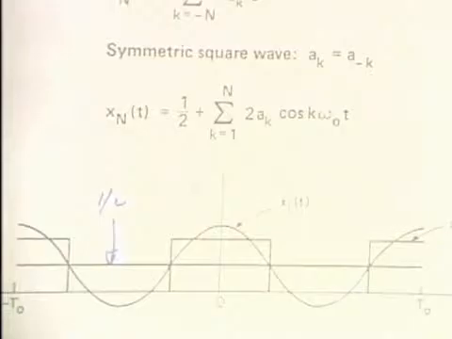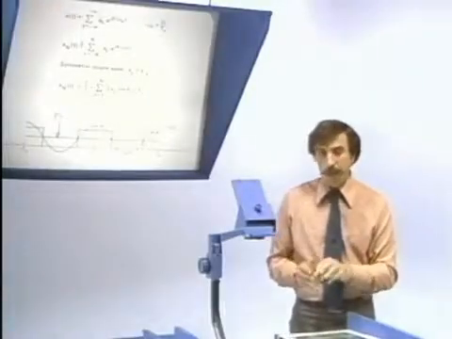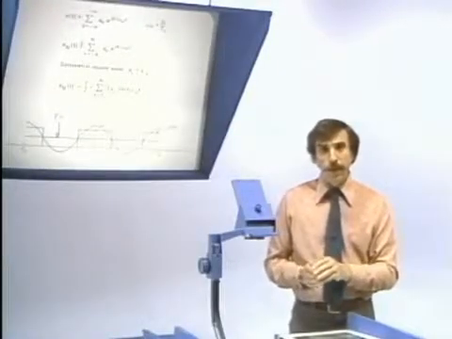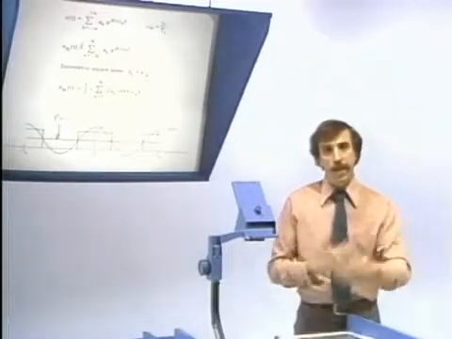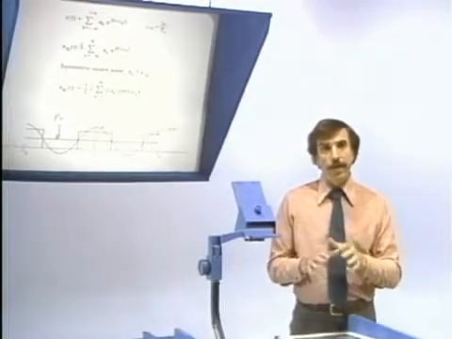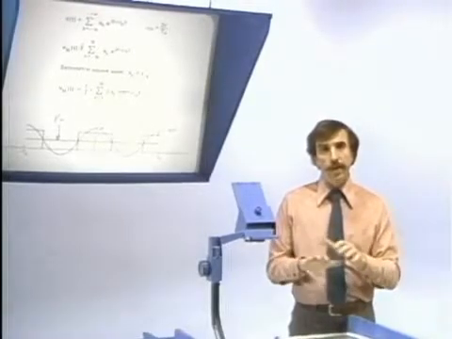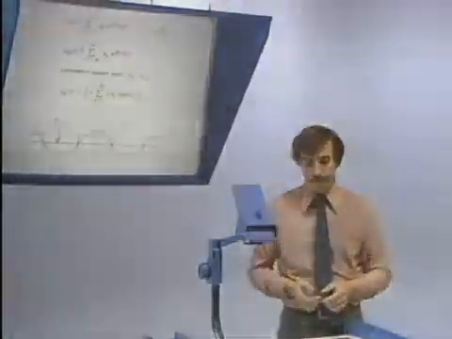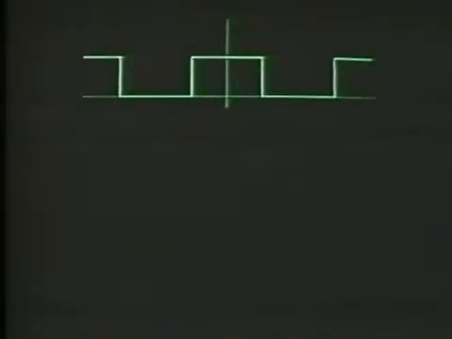So let's look at this example, and what I'd like to show is this example, but now as we add many more terms to it, and let's see how these individual terms add up to build up the square wave. So this is the square wave that we want to build up through the Fourier series as a sum of sinusoids.